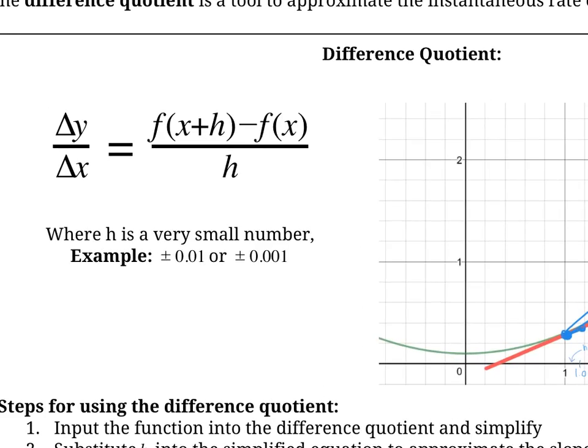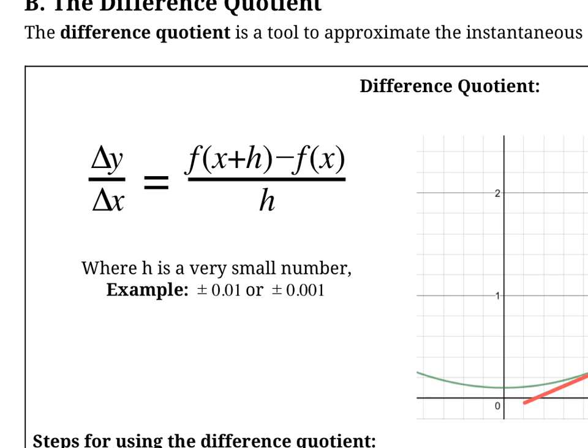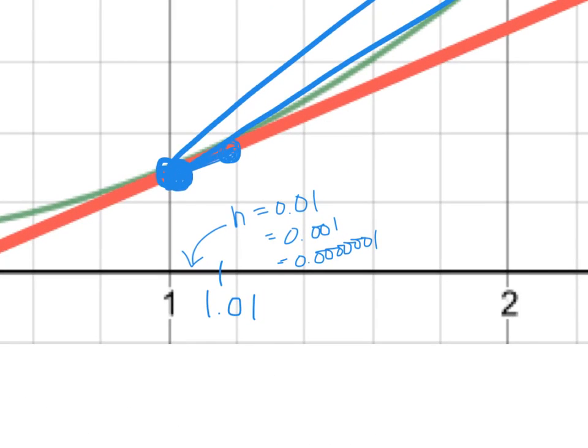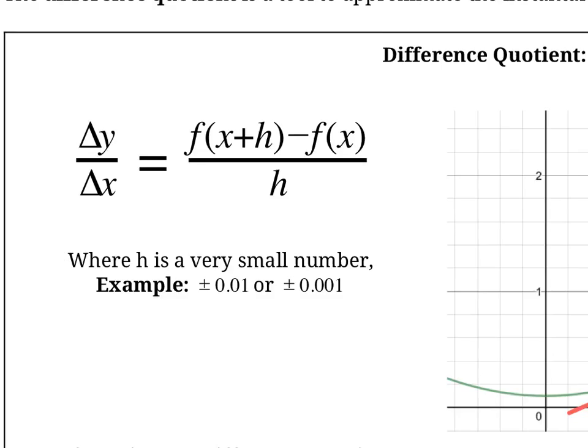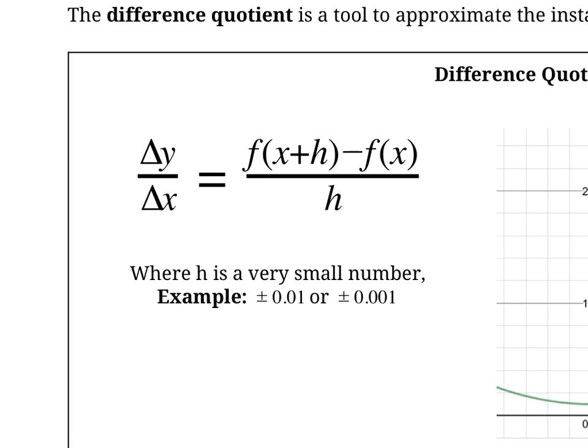The y difference is what the function is at x plus h. So in this case, x plus h would have been that 1.01, right? So what's the function equal to at 1.01? And then we subtract what the function is at 1. So essentially it's the same equation, and that's what we use for the difference quotient.